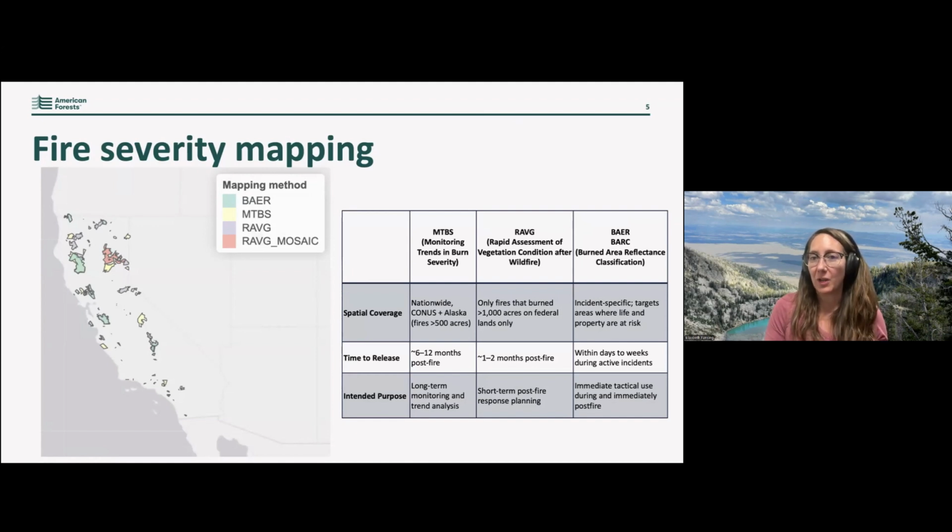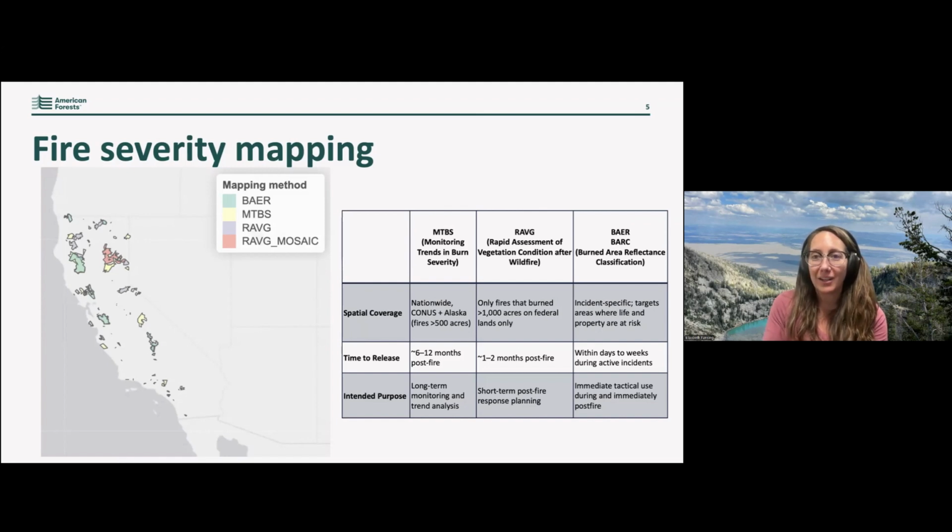The challenge with MTBS is that it is a long runway between fire containment and when these maps are actually released to the broader public. Generally they're looking at 6 to 12 months, but sometimes as long as 2 years pass before we actually get these MTBS data sets released.